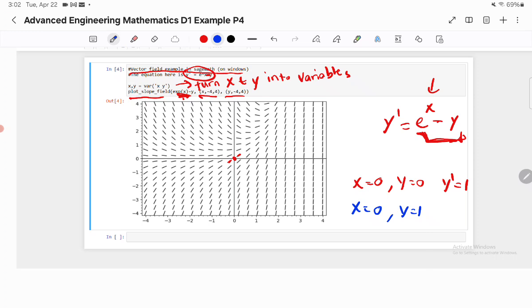So if that's the case, well, again, e to the 0 is 1, and then y is also given as 1. So 1 minus 1, my y prime should be equal to 0. So I should have a flat slope at 0, 1. So if I go up here, let's map out where 1 is, somewhere right about here.